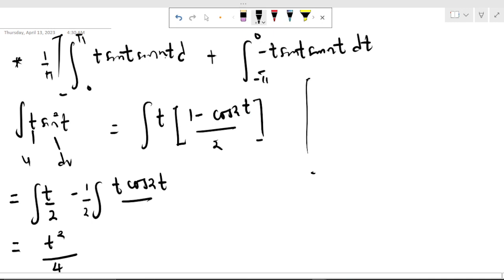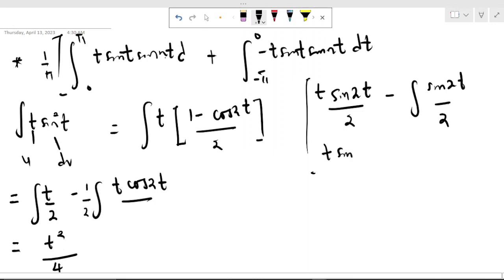So we have 1/2 outside. So we have t. Integrating cos 2t, we get sine 2t over 2 minus the integral of sine 2t over 2 times the differential of t, which is 1. So we have t sine 2t over 2.